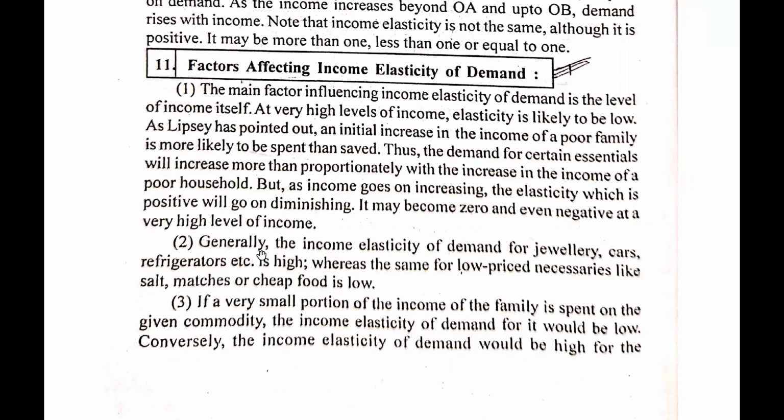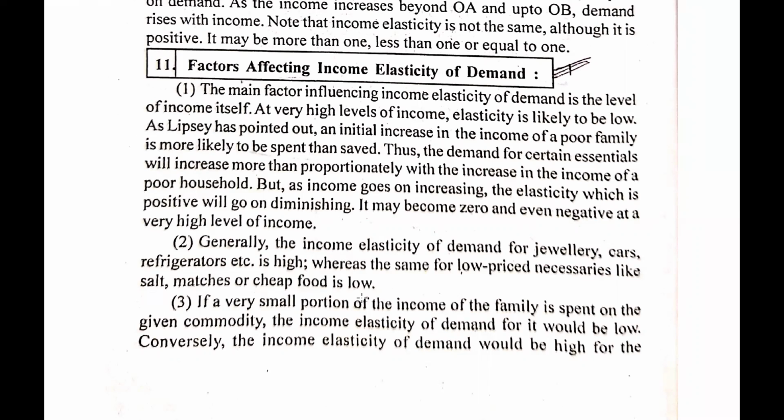The second point is, generally the income elasticity of demand for jewelry, car, refrigerator, etc. is high, whereas the same for low priced necessities like salt, matchbox, or cheap food is low. So guys, when my income increases, I will be attracted to buy a refrigerator, air conditioner, etc. So these kinds of goods are highly elastic with income.